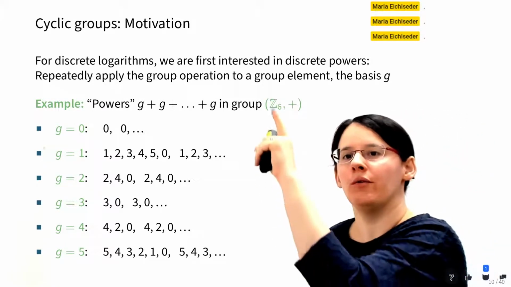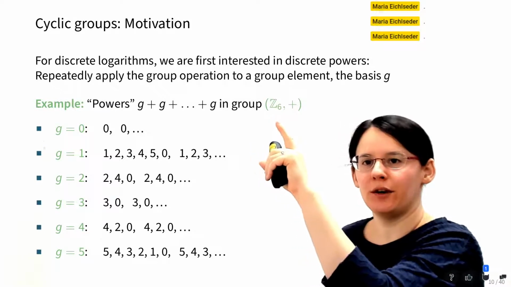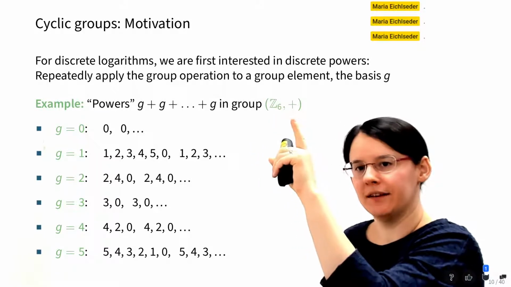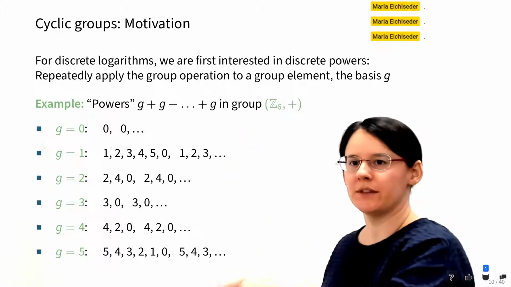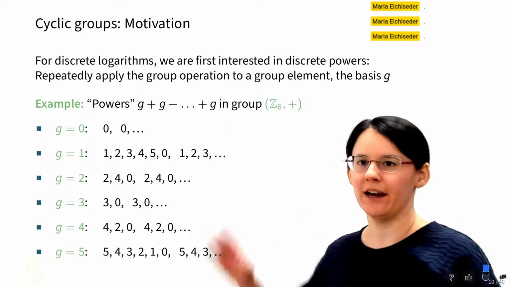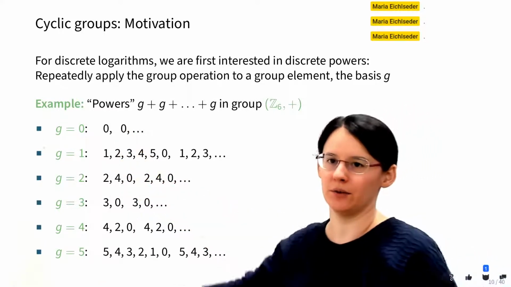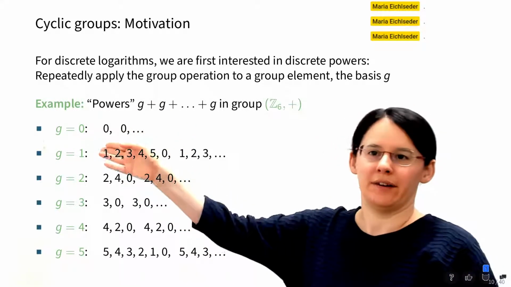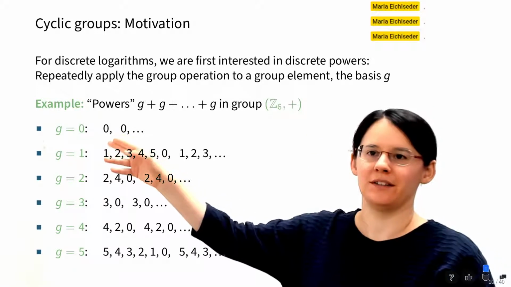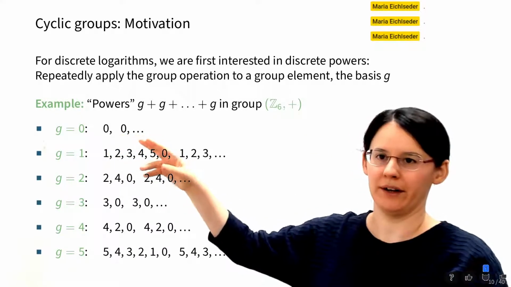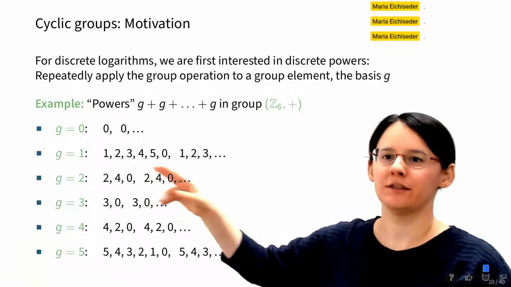And what we're interested in here is the question, what happens if I take the group operation and apply it iteratively to some of the elements in my group. So the elements in Z6 are 0 to 5. If I repeatedly add 0, so 0 plus 0 plus 0 and so on, that's rather boring. If I do this with 1, it's a bit more interesting.